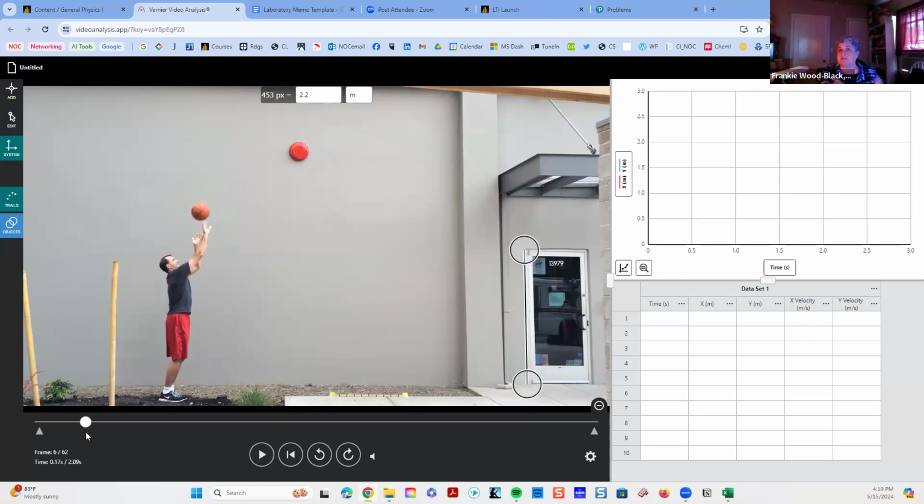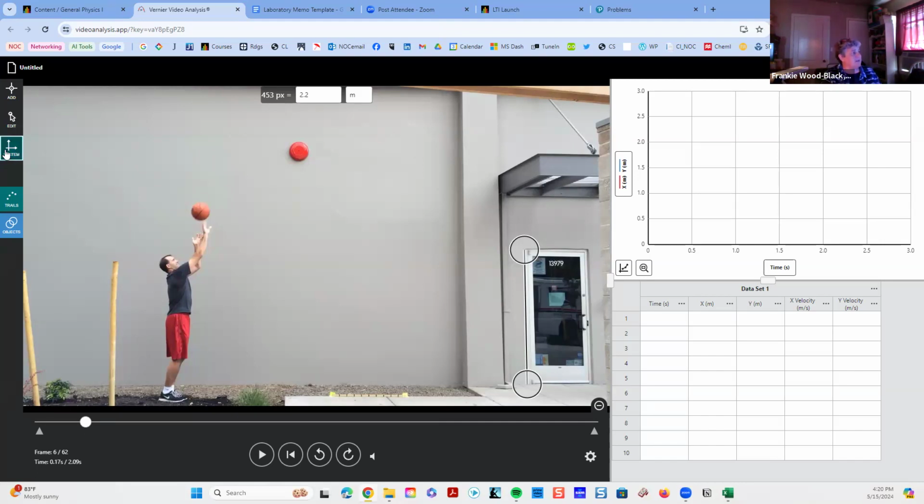I've got the basketball leaving his hand there. At that point, the ball is just traveling with its constant motion. The only things acting on it are the acceleration due to gravity and friction. So we can actually look at this overarching piece that we're dealing with.